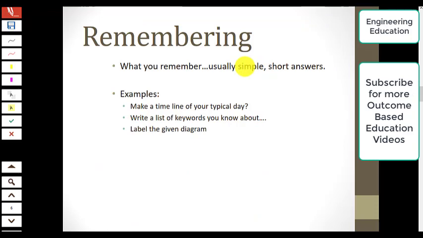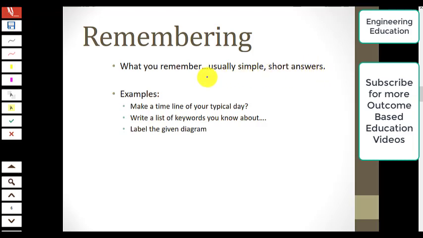A little more detail is given for each cognitive level of the Bloom taxonomy. Remembering is about what you remember, usually simple, short answers.